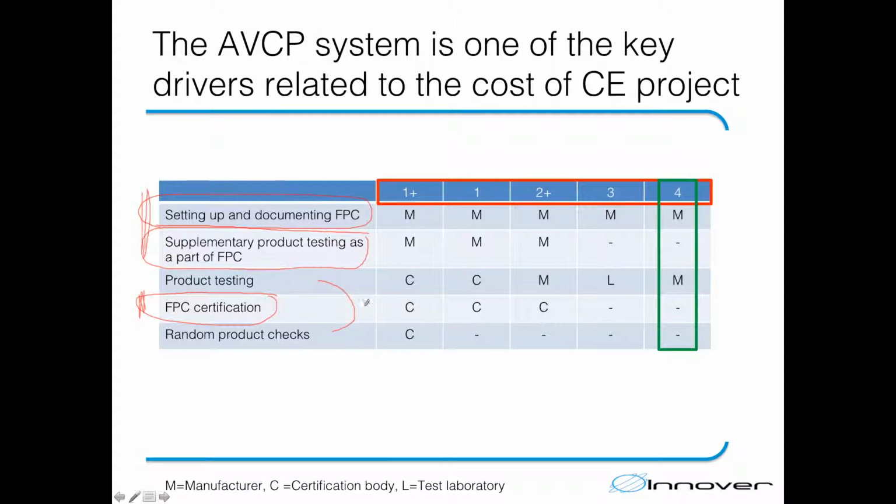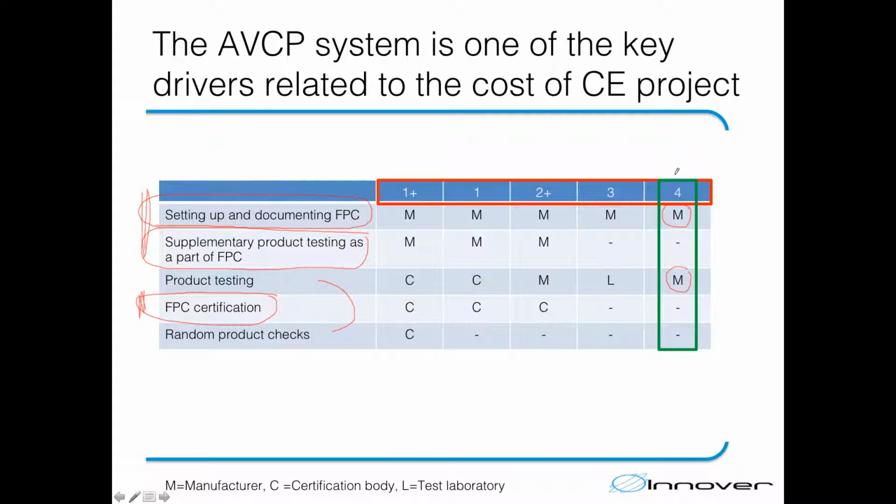And here, in the best case scenario in terms of product cost and also project duration, we have system 4, where the manufacturer himself or herself can set up and document the FPC system and also perform the product testing or determining the product's characteristics based on the standard instructions.